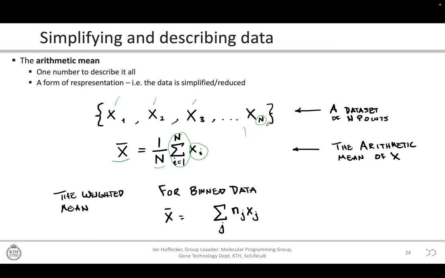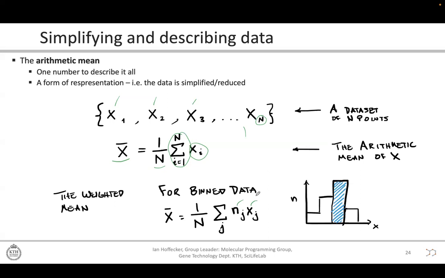Instead of individual data points, we have x corresponding to the label on a bin, and n corresponding to the height of that bin. We take the product of each bin's label times its height, sum these up, and then again divide by the number of points.